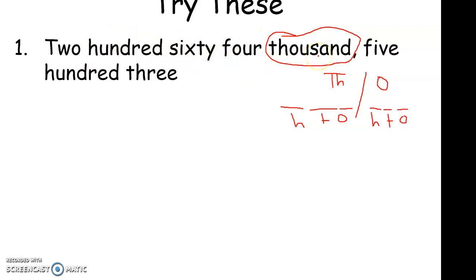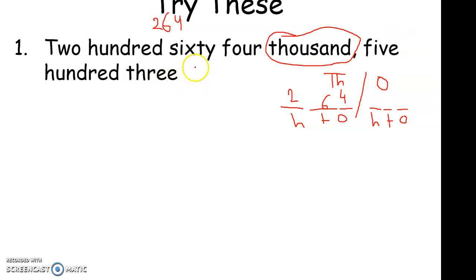264 in which family? In the thousand family. So I will look here. I will skip the ones. I will just look here. I will fill now 264. How do we write 264? Just place it here. Okay, start from ones. 4, 6, 2. Now, 503.